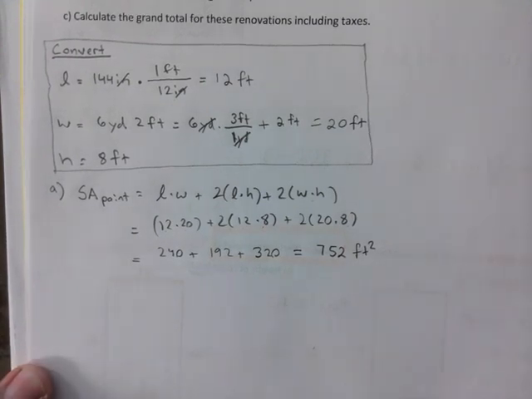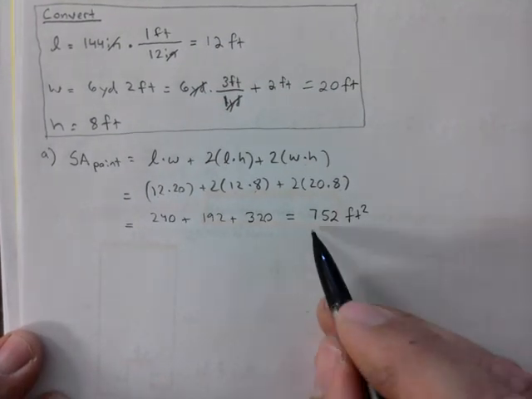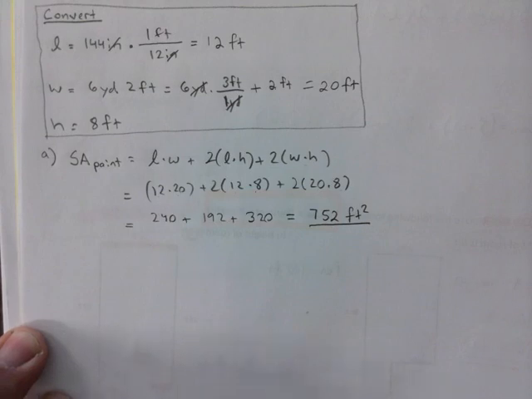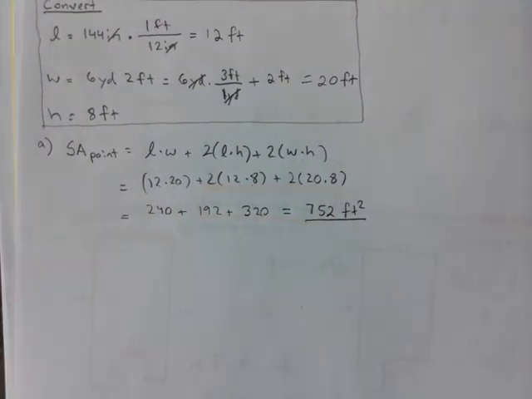That's an important number. So you know what? I'm just going to underline that because it's going to be helpful for me. This would be step one, figuring out how much do I need to cover.